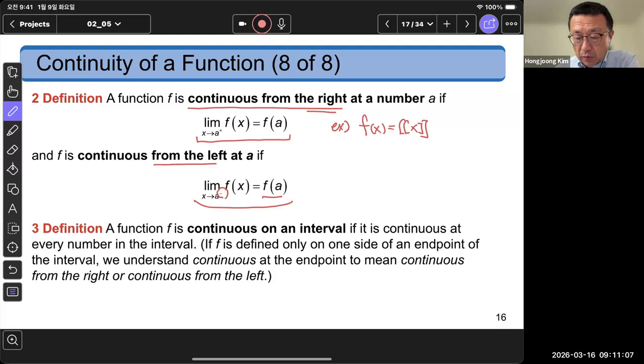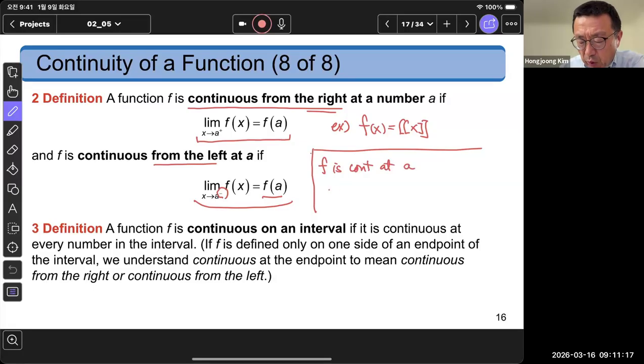And of course, if your function is continuous at a, then that will imply that this function f is continuous from the right at a, and it is also continuous from the left.